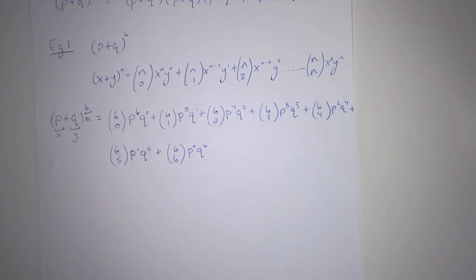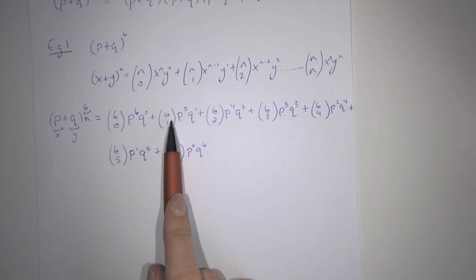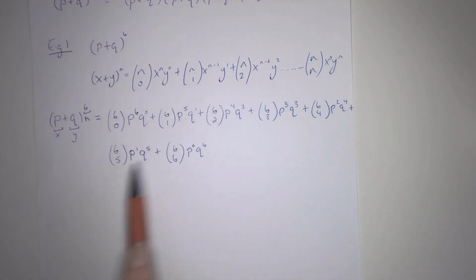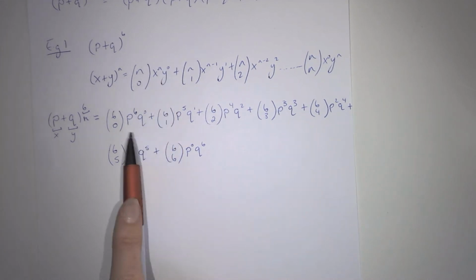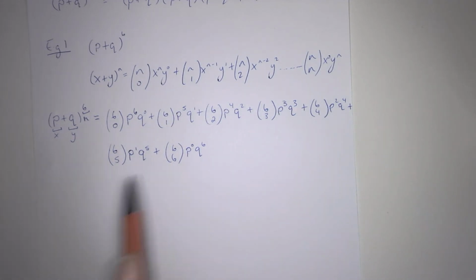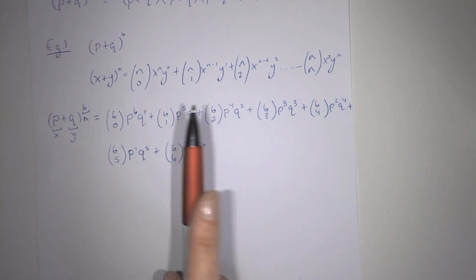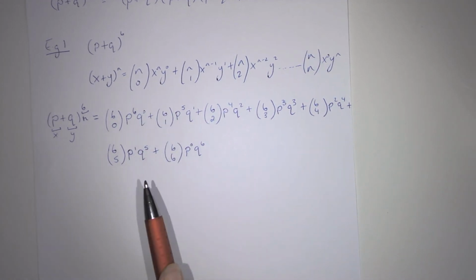So just to explain again, you can see quite clearly 6C0, 6C1, 6C2, all the way up to 6C6. It starts with p to the n, so p to the 6, which is x to the n, and it goes all the way down until you get to p to the 0. Opposite to that, we have q starting at 0, going all the way up until we get to n.